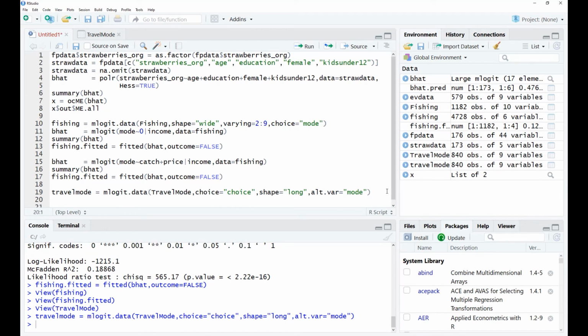And then we can say b hat equals mlogit, dependent variable is choice, we include 2 alternative specific variables, and we include income and party size as the individual specific variables.